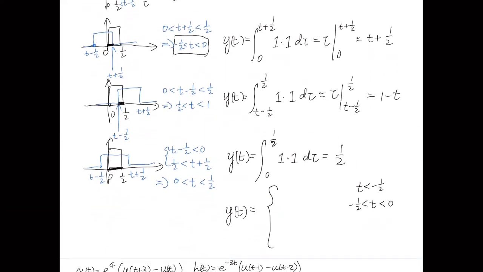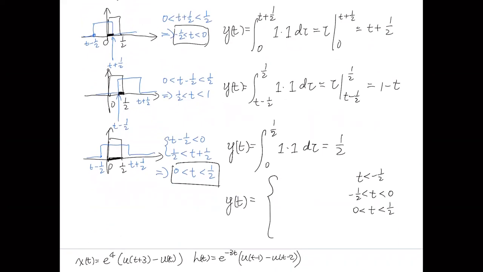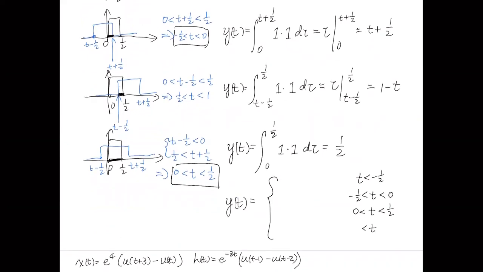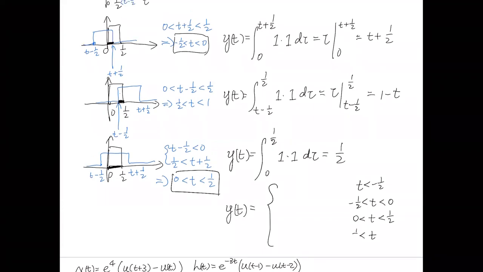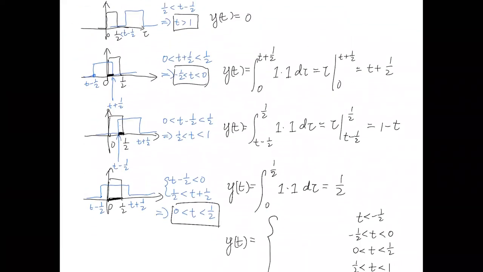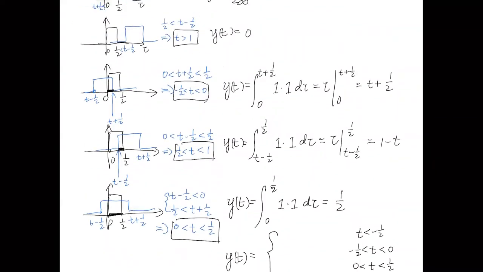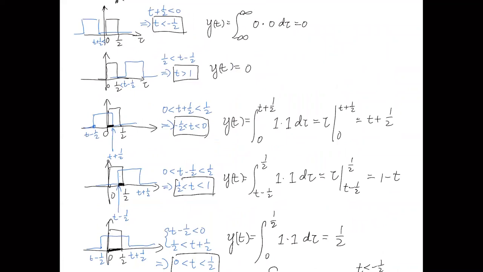And the third one is t greater than 0, less than half. And then we have t greater than half, less than 1, and then t greater than 1. I think that's this interval, and the t greater than 1 is this interval.